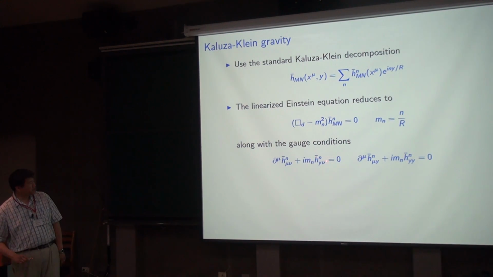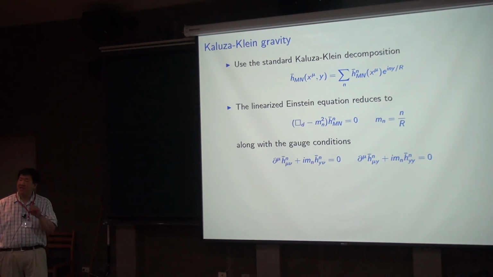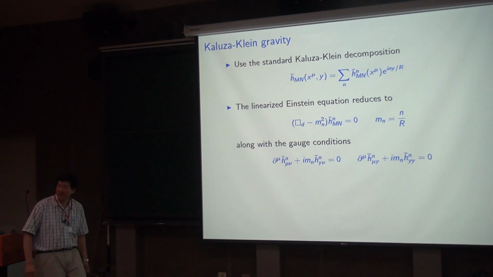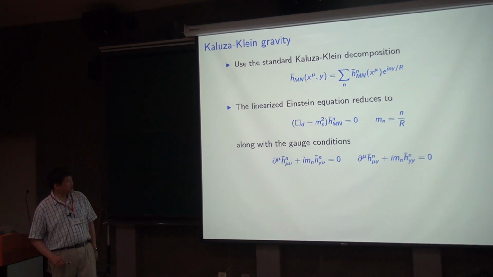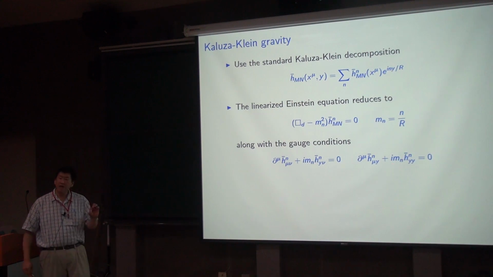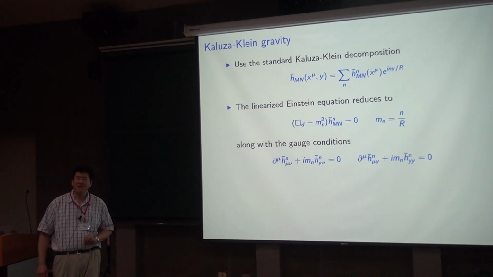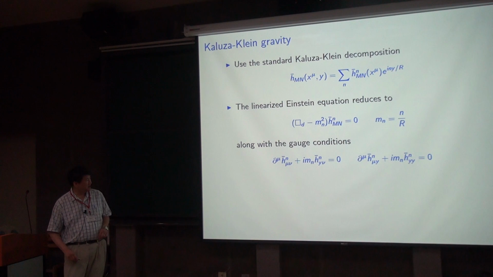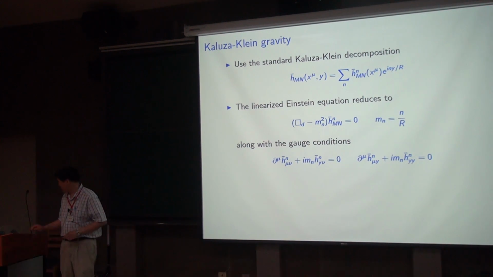So if I divide this by i m, I can solve this equation for h-bar_y nu, the off-diagonal h-bar metric. Likewise, I can solve this for h-bar_yy. The exception to that, of course, is if I don't want to divide by 0. If I have the zero mode, n equals 0, then these mass terms disappear, and the case is slightly different. So I'm going to consider 2 cases, zero mode and non-zero mode.